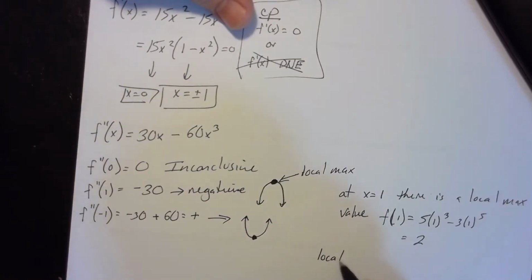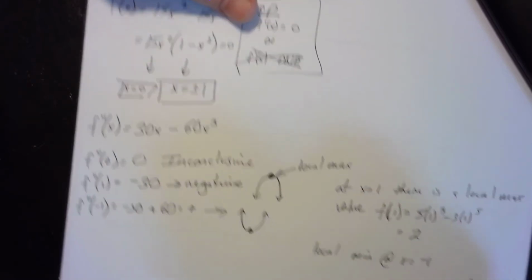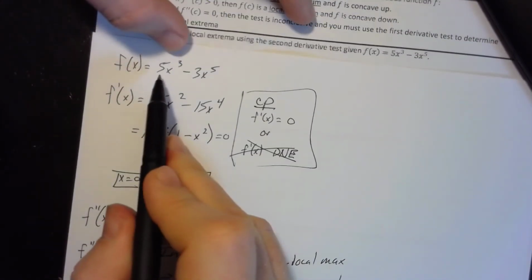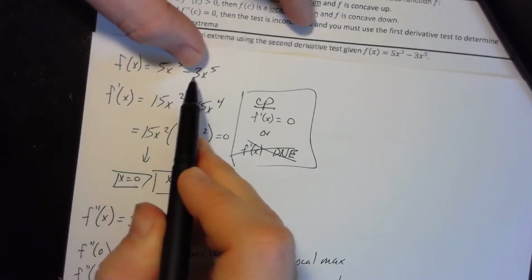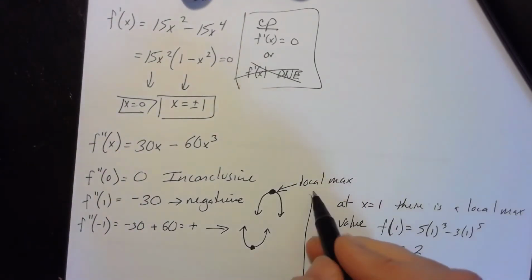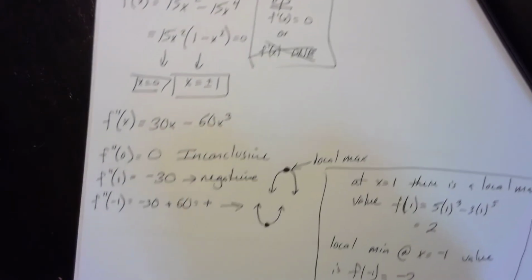So I'm going to have a local minimum at x equals negative 1. And the value of that minimum is f of negative 1, which gives me negative 5 and a positive 3, so it ends up being a negative 2. So now those two are guaranteed solutions based on the second derivative test.